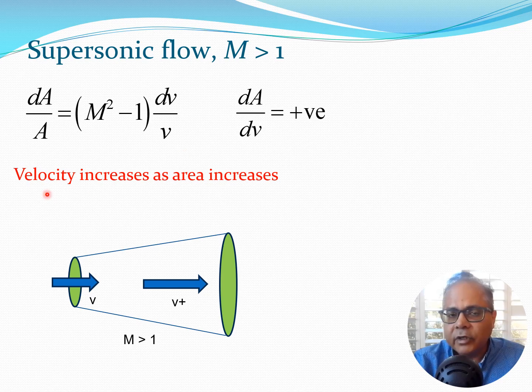So what this math is telling us is that the velocity increases as the area increases. So it's very interesting that in supersonic flow, if we have a divergent nozzle, actually your velocity would go up. So this is essentially telling us that dA by dV is positive.